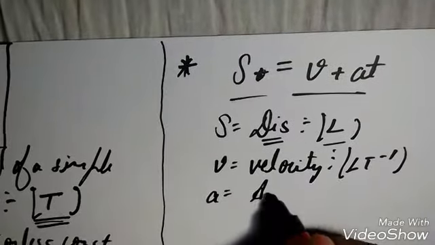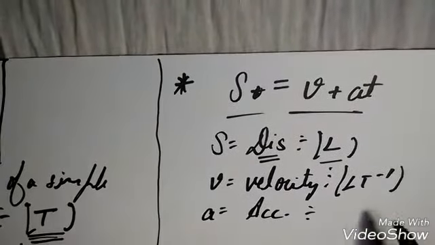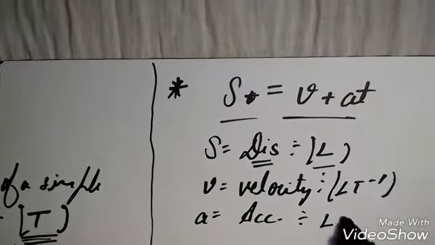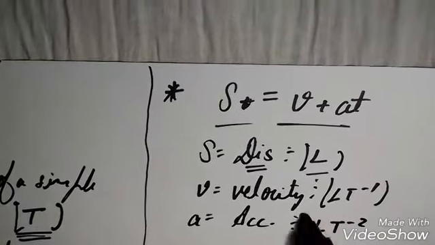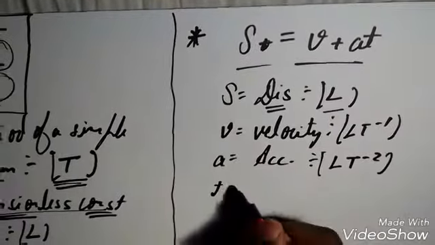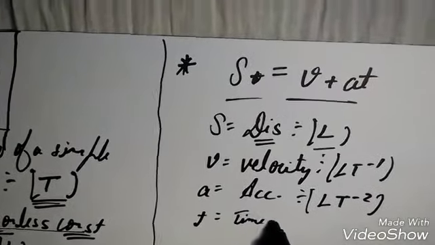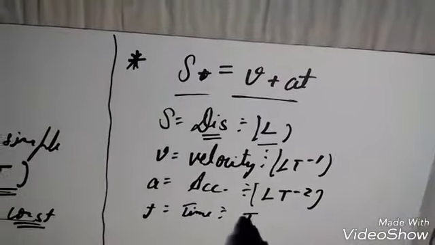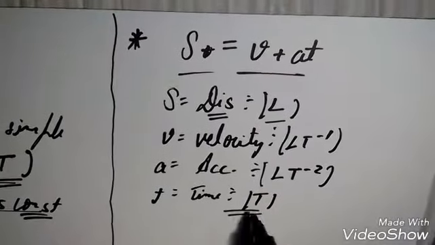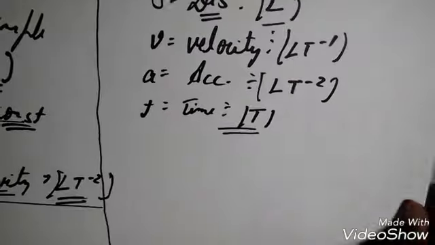Small a is the acceleration. As a physical quantity, it has a dimension formula of LT^-2. And small t is time and has a dimension formula of capital T. Okay, let's move further.